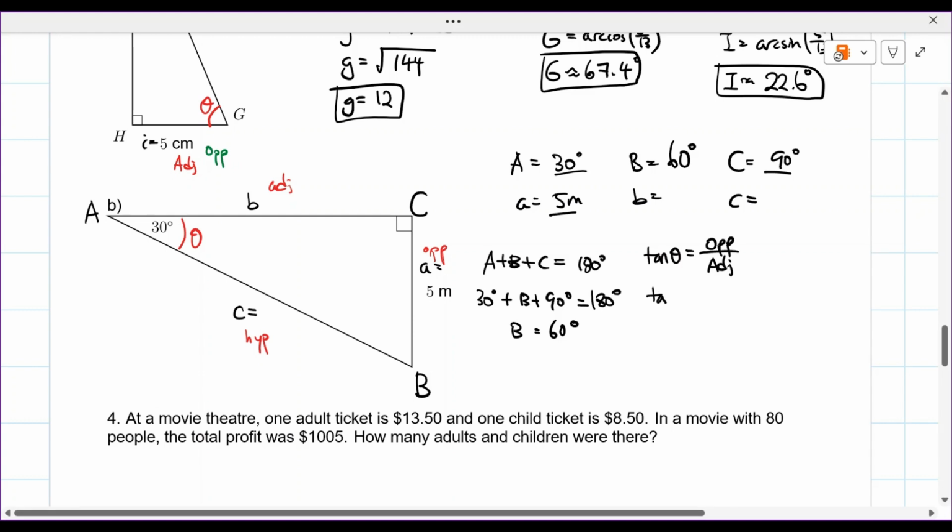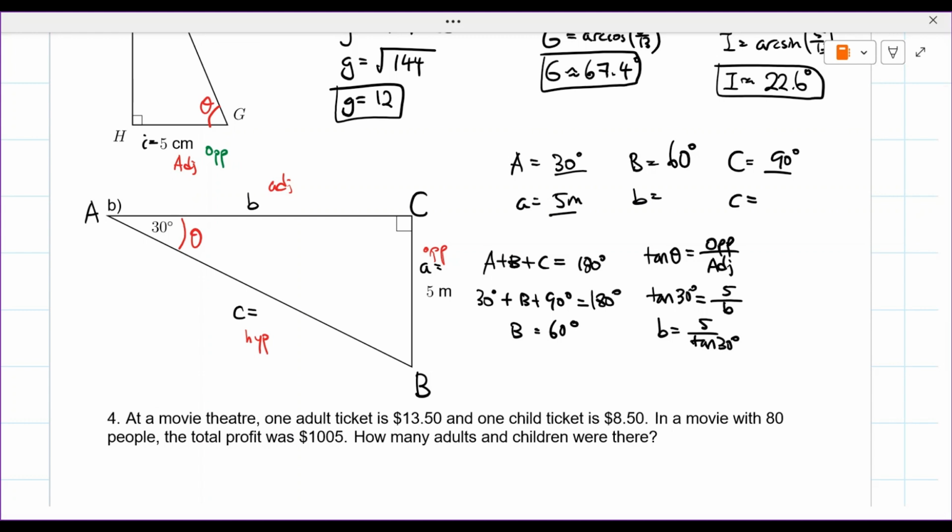So tangent of 30 degrees is equal to 5 over b. In other words, b is equal to 5 over tangent of 30 degrees, using cross multiplication. Now let's put that into the calculator. 5 divided by tangent of 30 is approximately equal to 8.66 meters.